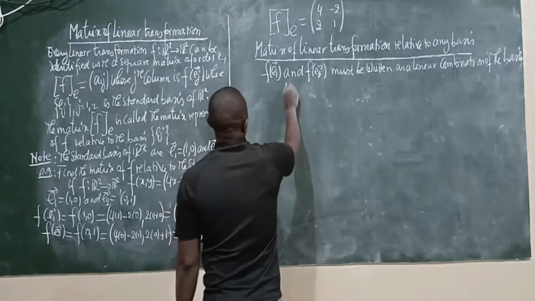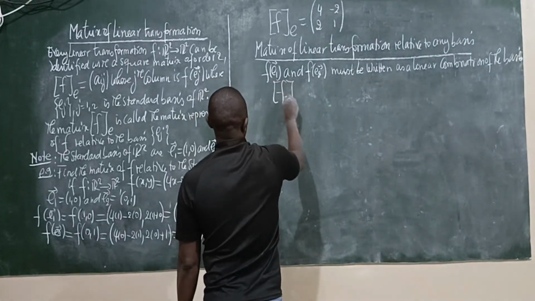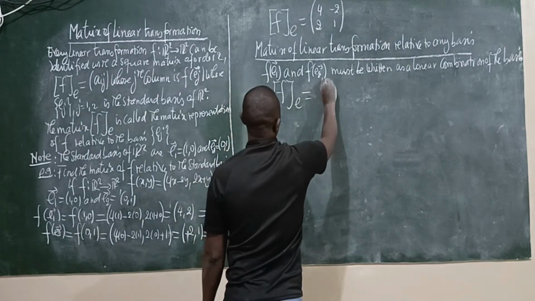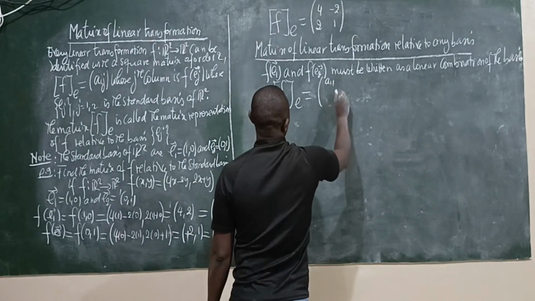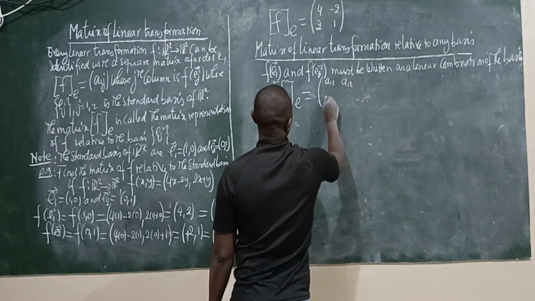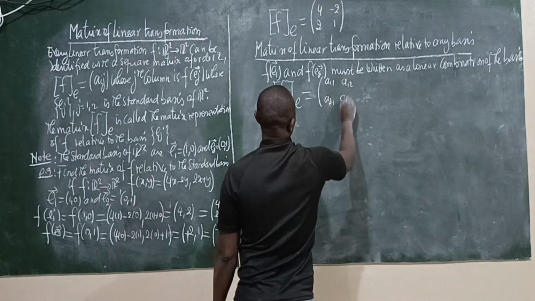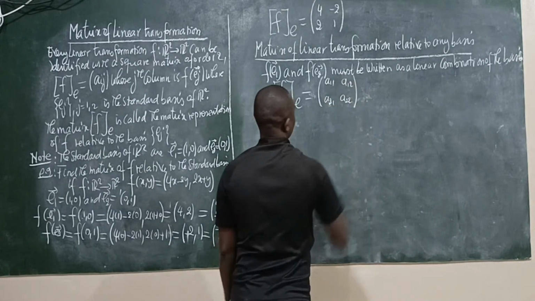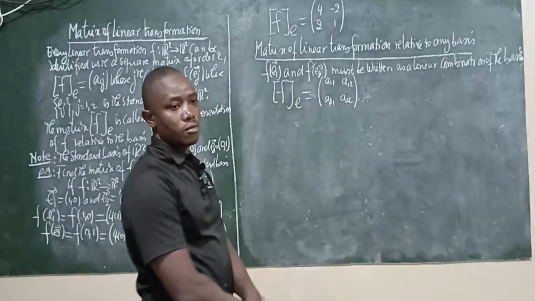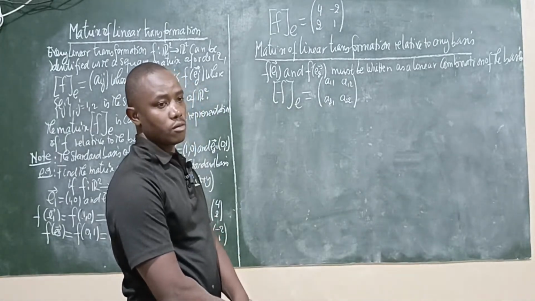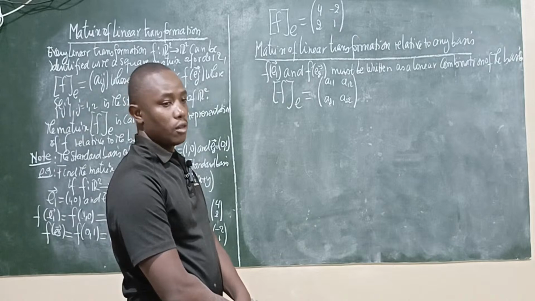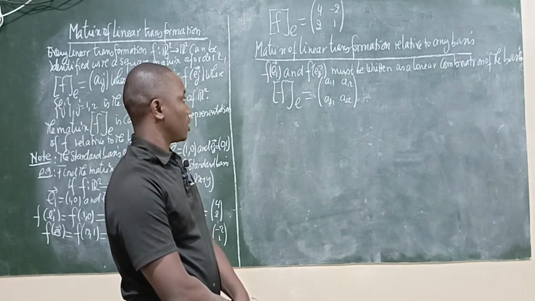So, write the matrix representation of f relative to the basis B as a11, a12, a21, a22. That's how we are going to do this.